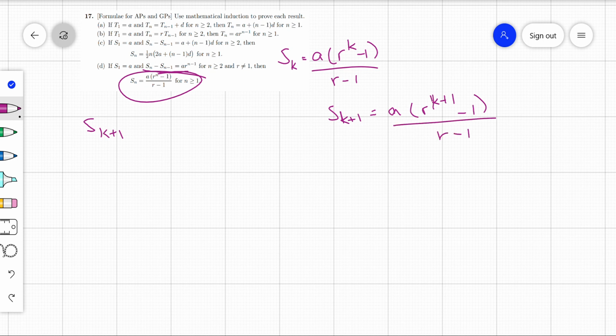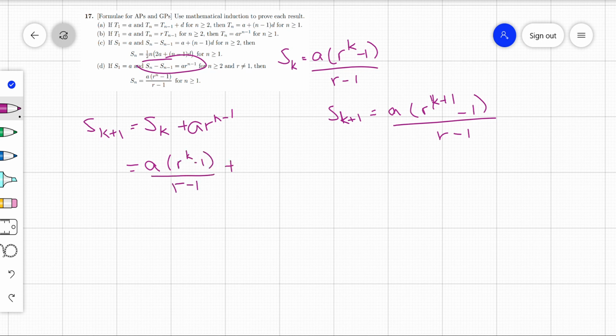Now going to the recursive formula and rearranging it a little bit, I'll just put the S(K) on the other side, plus AR^(N-1). So we can use the assumption for S(K): A(R^K - 1) on (R - 1) plus AR^(N-1).